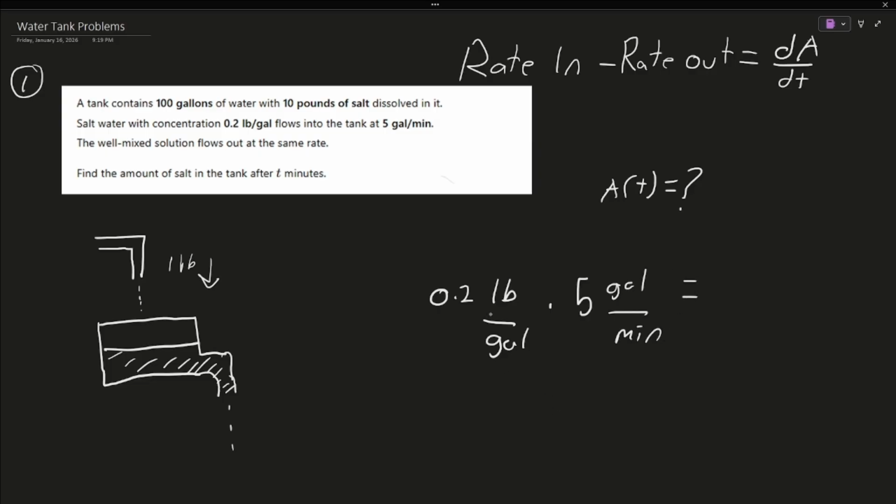So our amount of salt getting into the tank per minute will be 1 pound per minute. Every minute you get 1 pound of salt. We don't want to deal with gallons because what we're trying to find is the amount of salt. This is an important understanding of the concept. So 1 pound of salt is entering the tank.